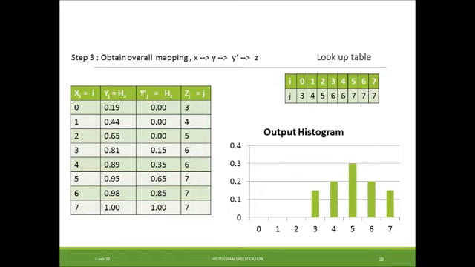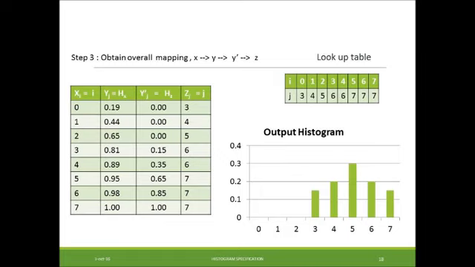For that, consider the first row. Here i equal to 0 and Yj equal to 0.19. Corresponding to the value 0.19 in Hx, we need to find a value in Hz which is very much closer to 0.19.